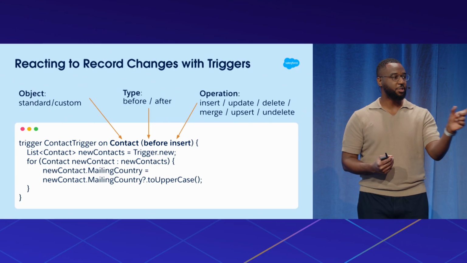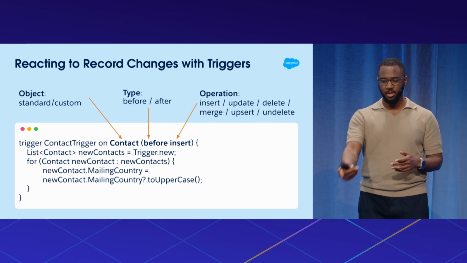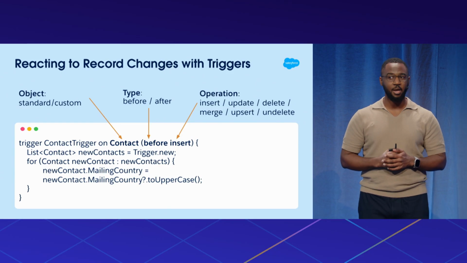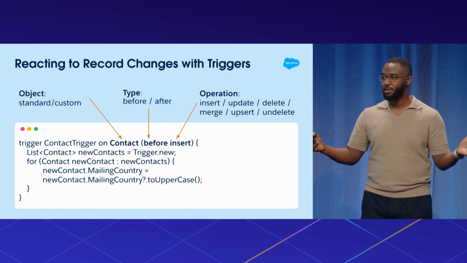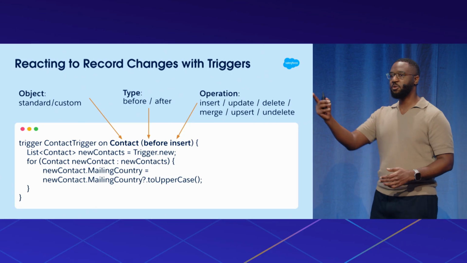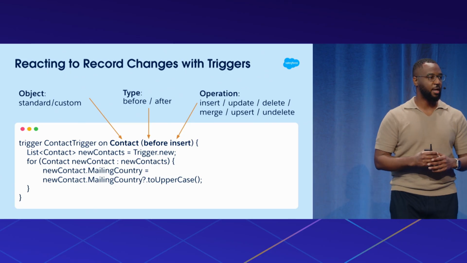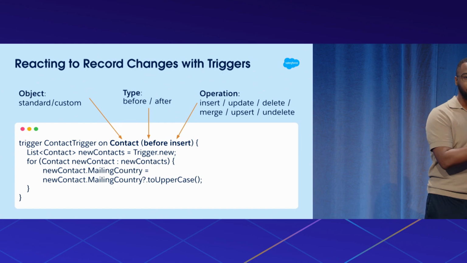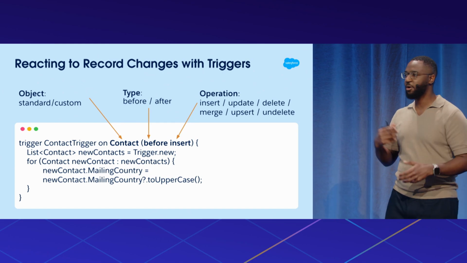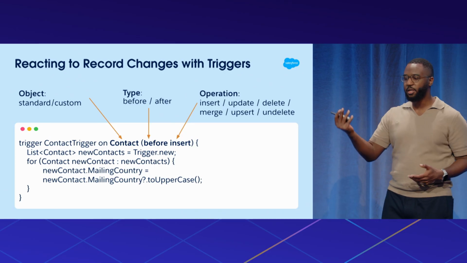You determine which object you want to have triggers for. So in this case, it's a contact, and that could be a custom object. It could be a standard object, doesn't matter. Then you determine the operation. So is this happening when a record is being created? Is it happening when a record is being updated or deleted or undeleted?